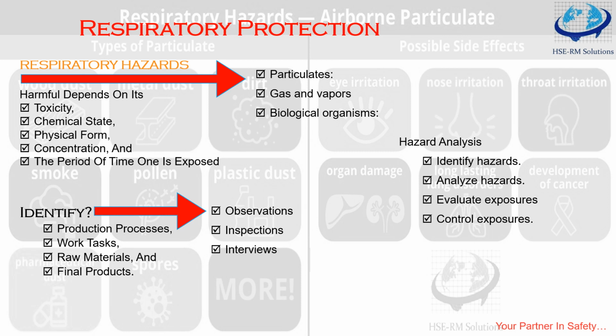Now another way is area exposure monitoring. Sample the air at specific locations to estimate exposure affecting a group of employees. This method is useful when employees move about and may not always be near the area or source.